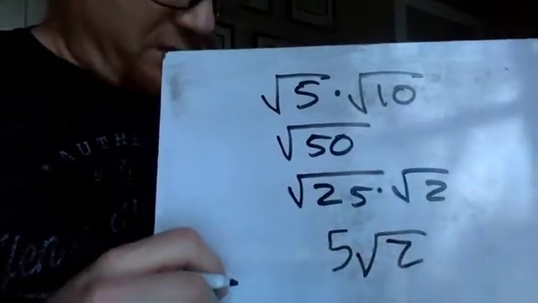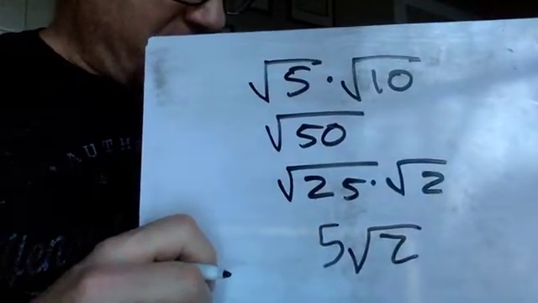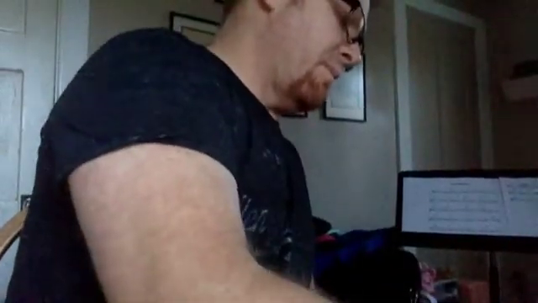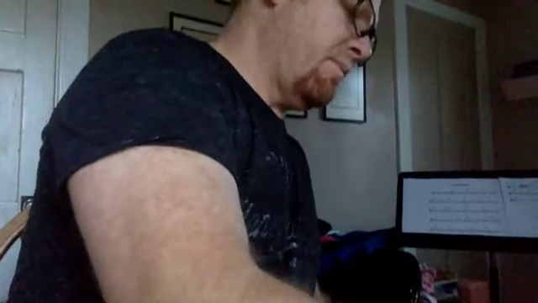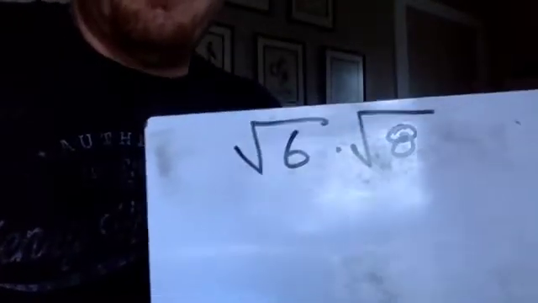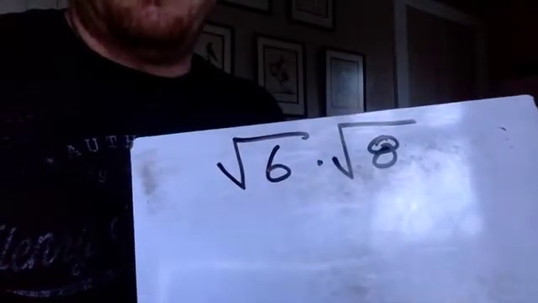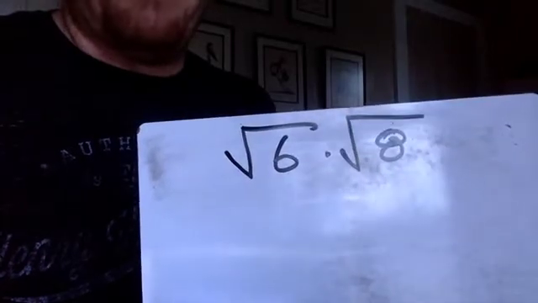All right, for your last checkpoint, we're going to do the square root of 6 times the square root of 8. Looking at this, you can multiply this all together, but you can also see you could simplify it beforehand if you wanted to.